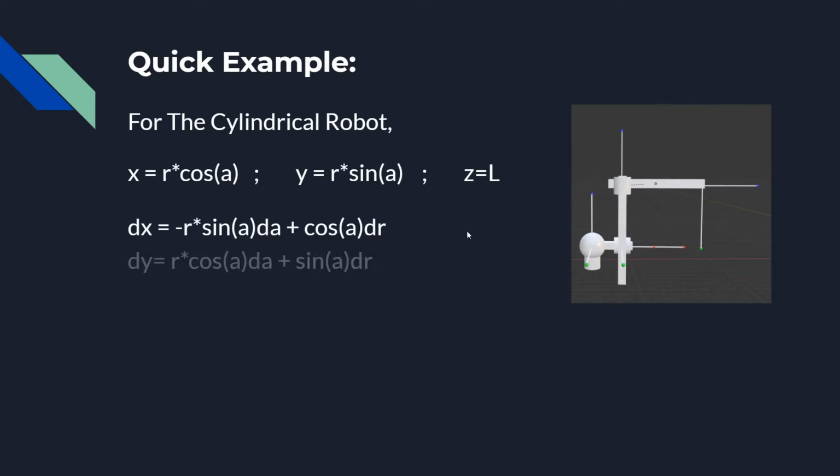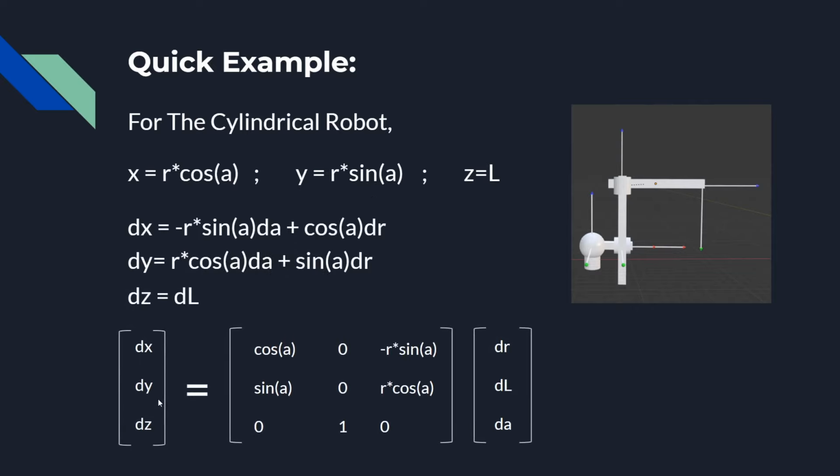And we did a small example with a cylindrical robot. We found out what the entire Jacobian would be by geometry and differentiation, and we saw that it's possible for a small cylindrical robot, but once it gets more complicated, finding these values itself becomes hard, and differentiating those becomes even harder.